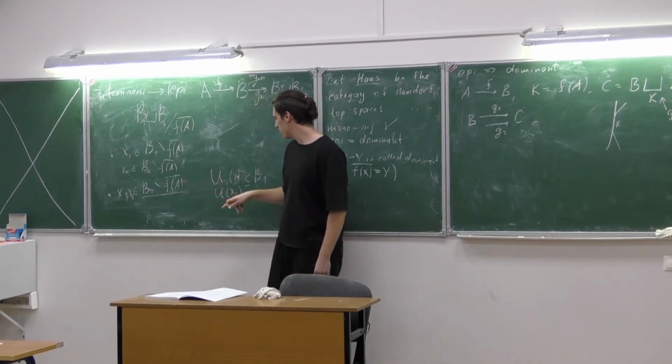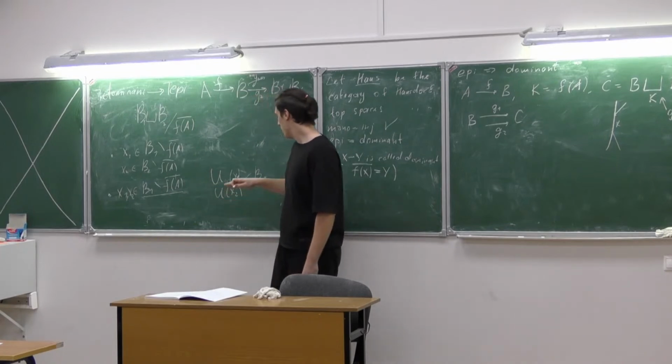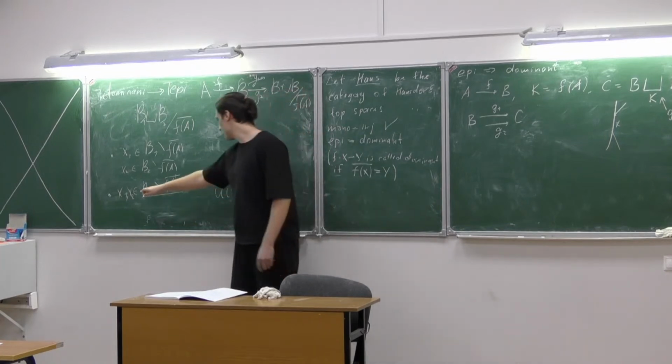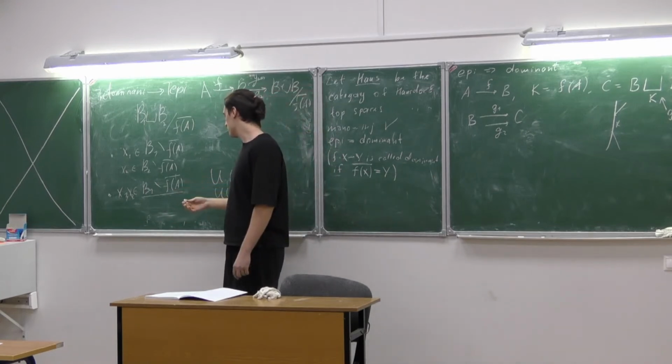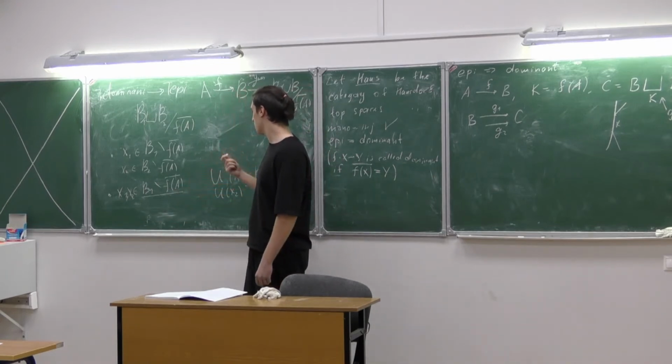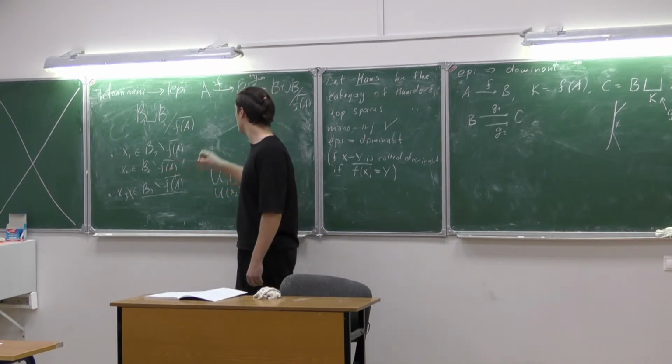Those 2 are open, then the result is open too. And take this one, intersect with this one, and we will obtain the resulting open space that separates those 2 points.